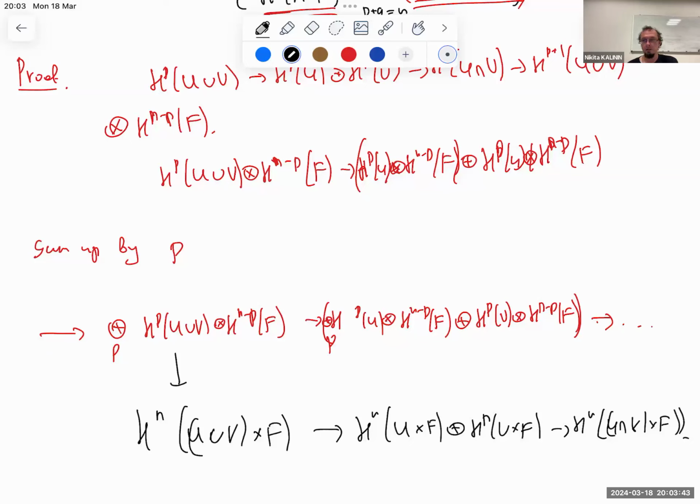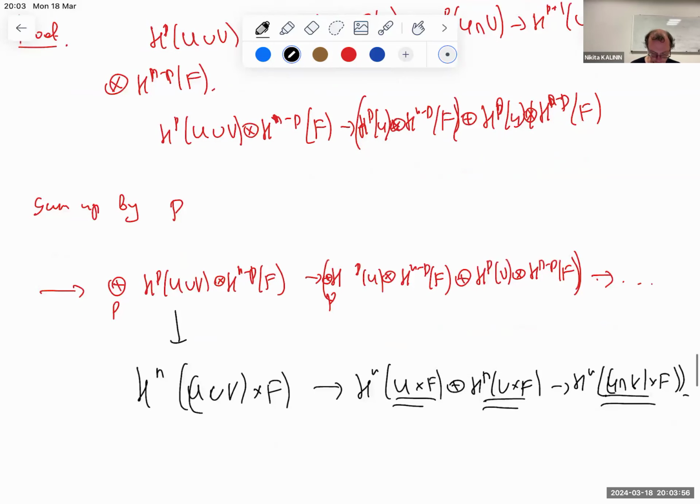And again, how do you want to prove that? If you know this fact for the two separate things and for the intersection, then you know this fact for the union. Right, so you already know that for U cross F, V cross F and U intersect V cross F, it's all true, and you want to show that that's true in this segment.